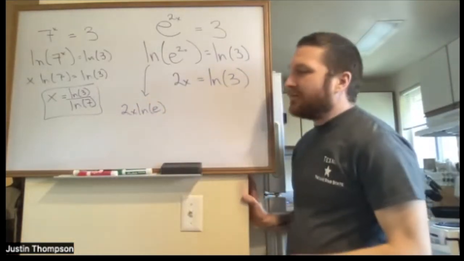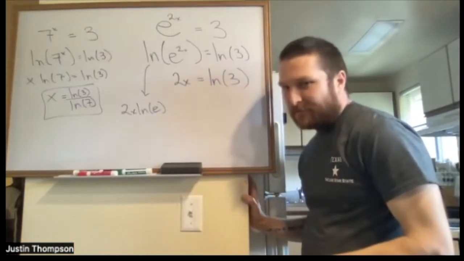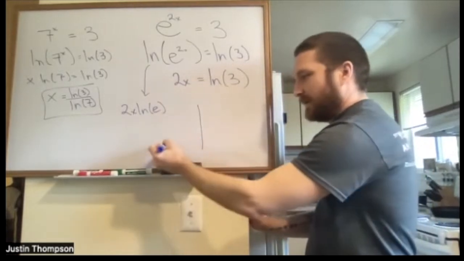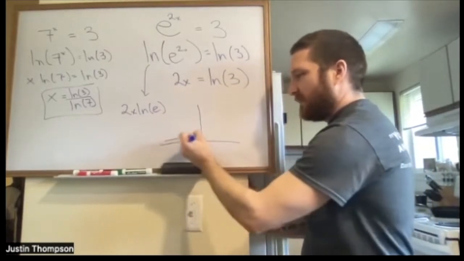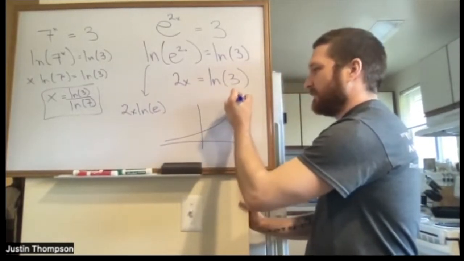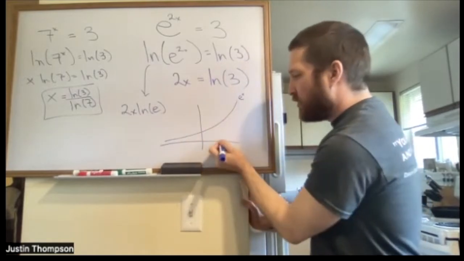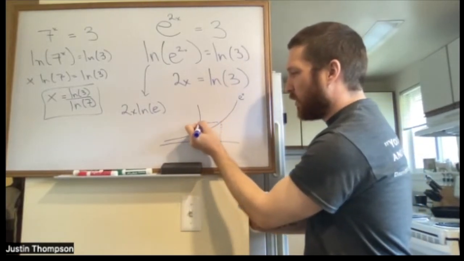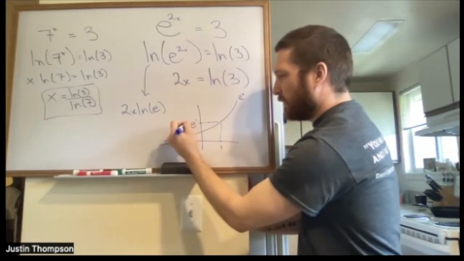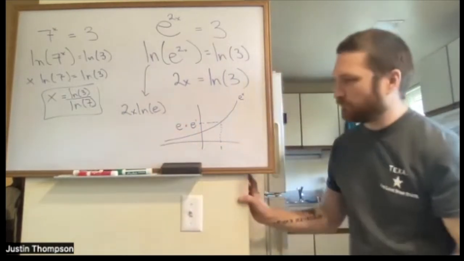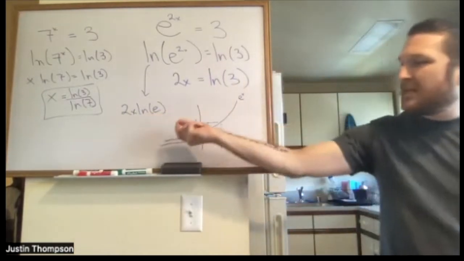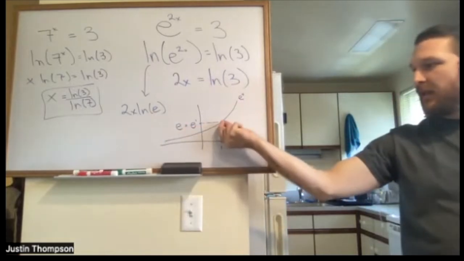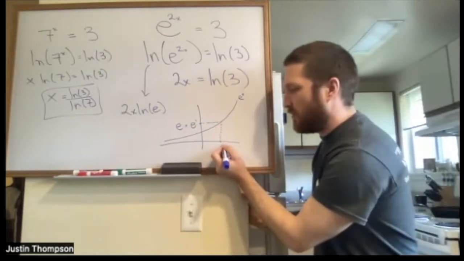The natural log of e is equal to 1. Let's think about that real quick. If you plug a 1 into e to the x, you get e to the 1 as the output, or just plain old e. And therefore, if you take the natural log of it, it comes back to give you the original input.